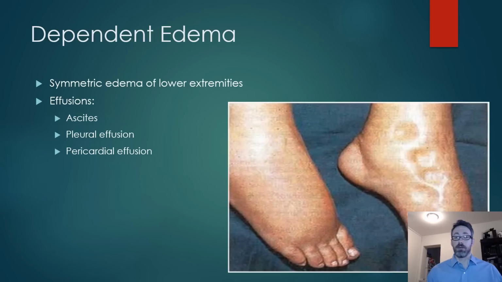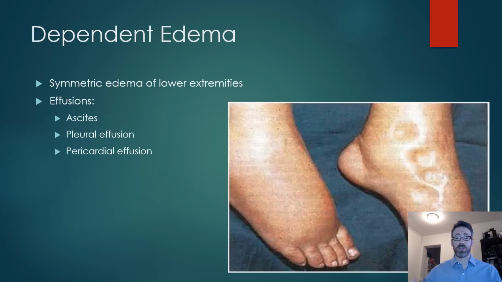Dependent edema is something you can see in many cardiac cases, in particular in heart failure, for example, where if the heart is failing, again, it's not acting as a good pump, as blood is not able to be efficiently moved through the heart, through the lungs, and into the system, it can back up. And if it backs up, particularly in the venous system, which doesn't have as high a resistance, and then again with gravity, it will help it to pool.